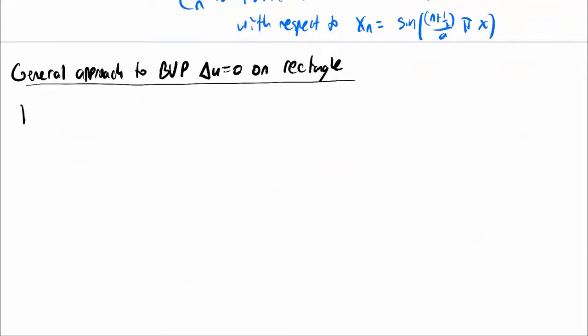And so the first step is always, well, we're going to use separation of variables. Right. And so that's how we began. The second thing to point out is, well, we could have mixed boundary conditions.